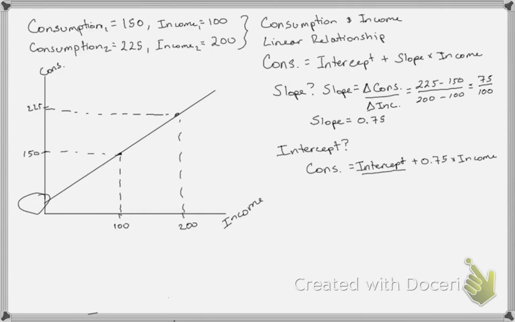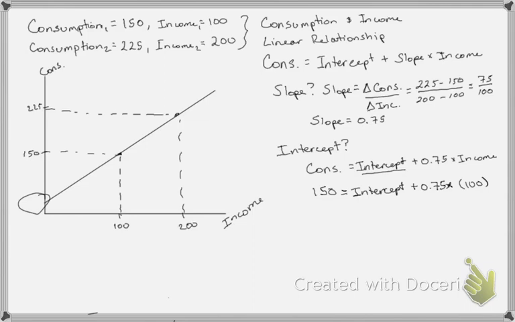All right. What points can we put in for consumption and income? Well, we can put either consumption equal to 150 and income equal to 100, or consumption equal to 225, income equal to 200. Let's go ahead and put in that first point here. 150 is our consumption. That's going to be equal to our intercept plus 0.75 times that $100 income.